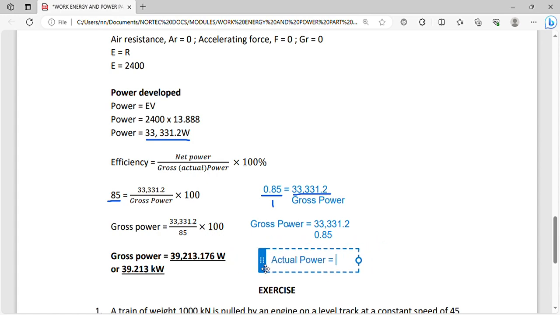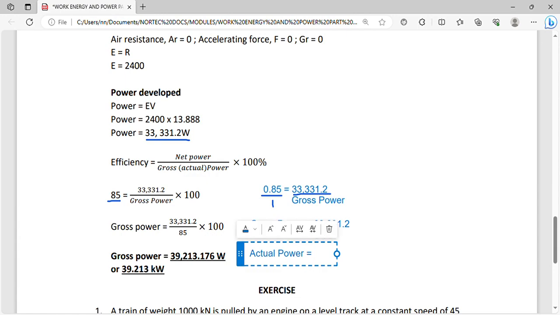Mr. Batala, you there? Okay, maybe could be an issue with the network.